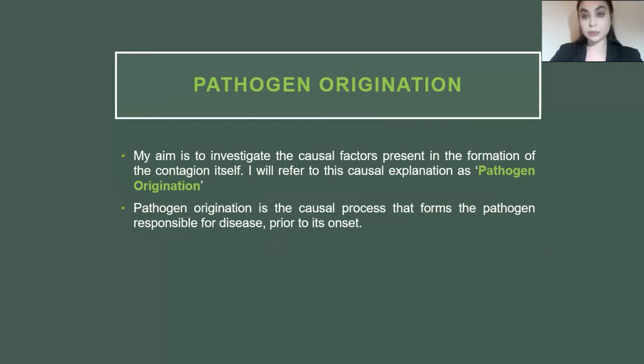This is a causal process that contributes to the emergence of a pathogen responsible for disease prior to the onset of that disease. And acknowledging pathogen origination in public health is an important aspect of public health implementation. It holds a lot of potential for policy.